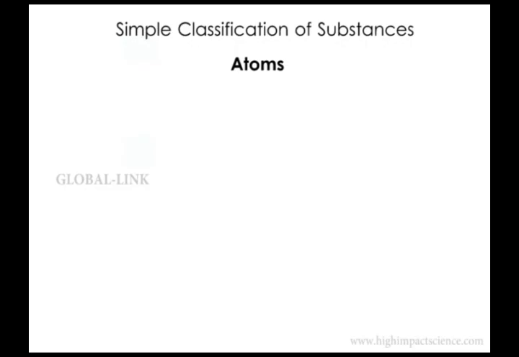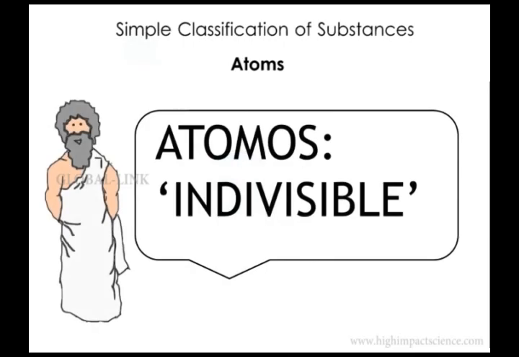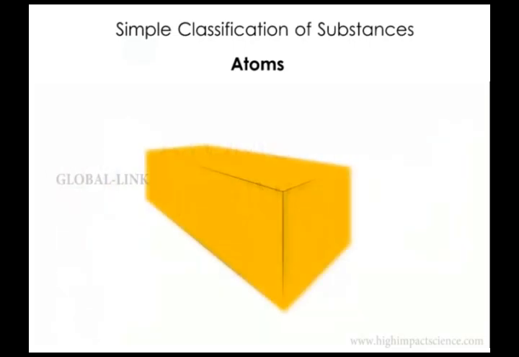Atoms are so small they cannot be visualized with the naked eye, not even with a light microscope. The name comes from the Greek word atoma, which means indivisible. For example, this piece of gold is made up of millions and millions of gold atoms.